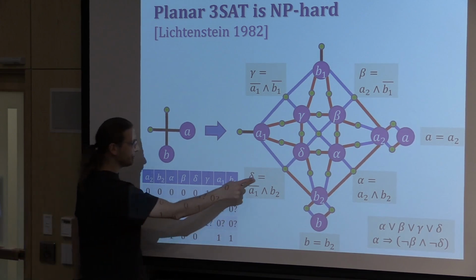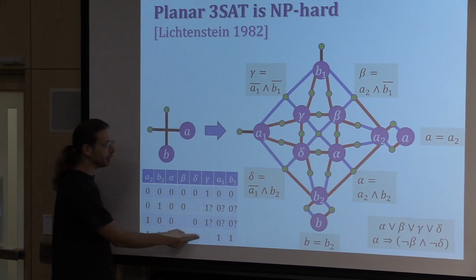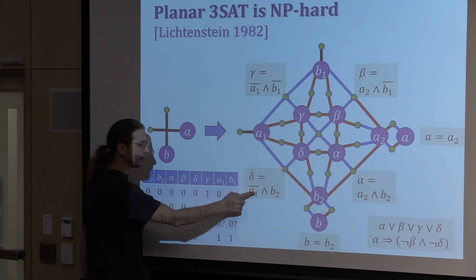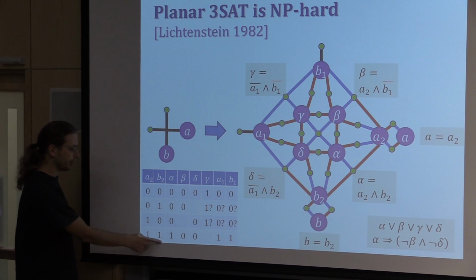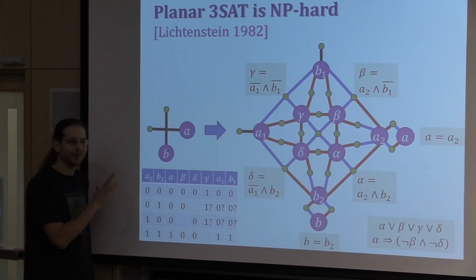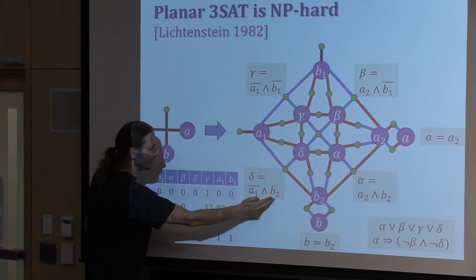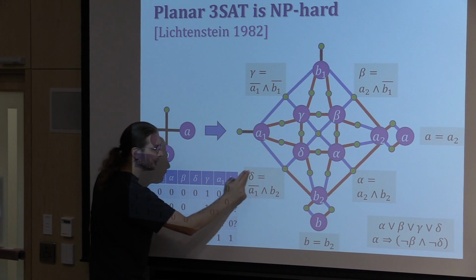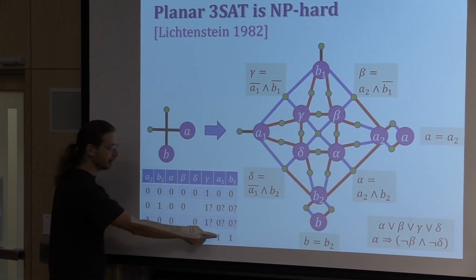Because if you look at this equation on delta, which we know is 0, that must mean that one of these 2 things is 0. But B2 is true. Sorry, I'm going to use true and 1 interchangeably and 0 and false for whatever reason today. So this needs to be 0, but this is 1. So this must be 0, which means that A1 is 1.